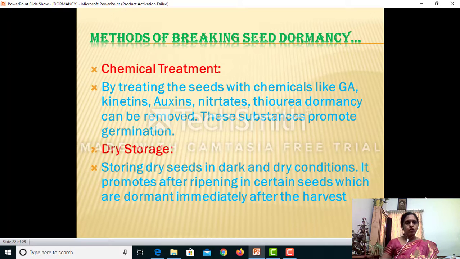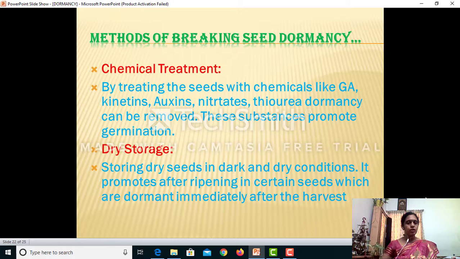Dry storage. Storing dry seeds in dark and dry conditions promotes or breaks the dormancy. It promotes after-ripening in certain seeds. Seeds which are dormant immediately after harvest can germinate after they are subjected to an after-ripening period.